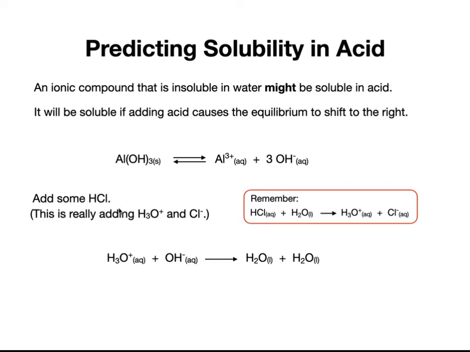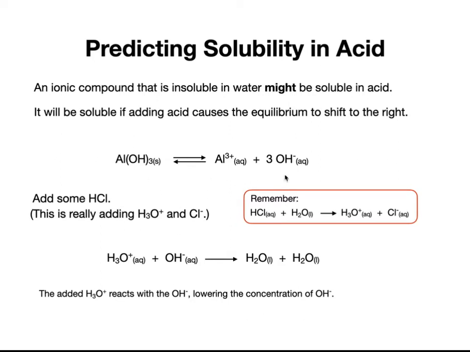Well, the hydronium ion is going to react with the hydroxide. It won't react with the aluminum ion. When it does that, it forms water. So the added hydronium reacts with the hydroxide and lowers the concentration of the hydroxide.